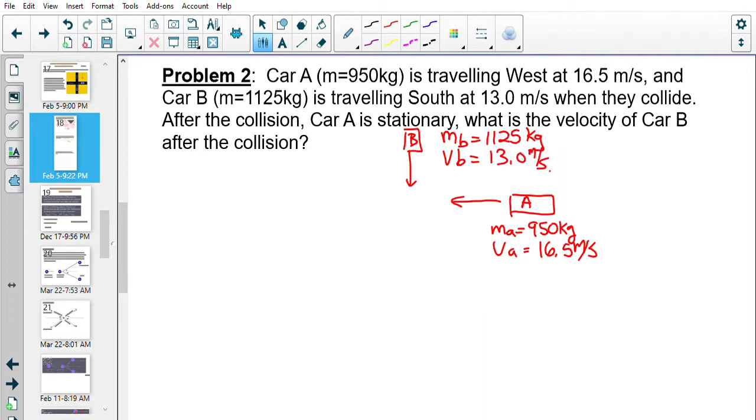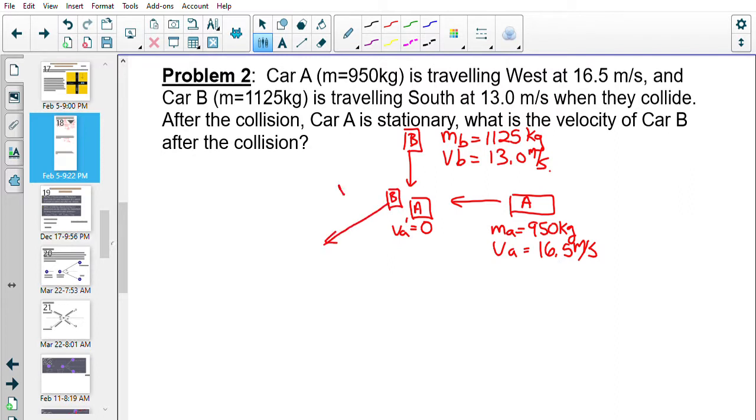And they are going to then hit and collide, but they don't stick together this time. After the collision, car A comes to a complete stop, so VA prime equals 0, and car B, after the collision, goes tearing off in this direction.